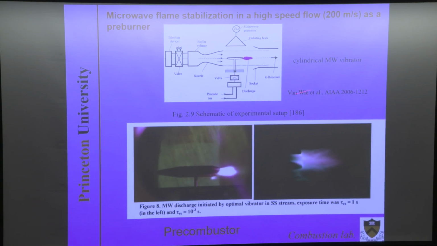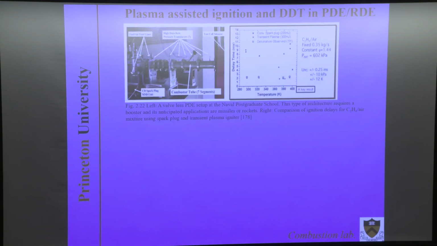I think Van Ye was the one who conducted this work at Johns Hopkins University, for supersonic flow. Microwaves can operate at higher pressure and create a large volumetric breakdown. So much research shows that non-equilibrium plasma is very effective in enhancing flame stabilization in high-speed combustion.